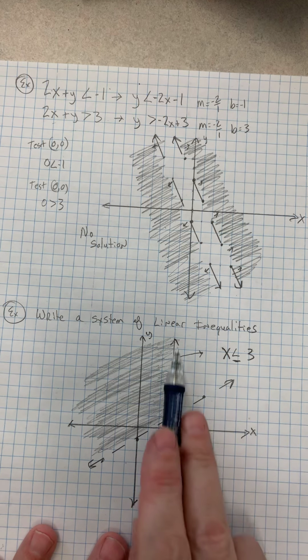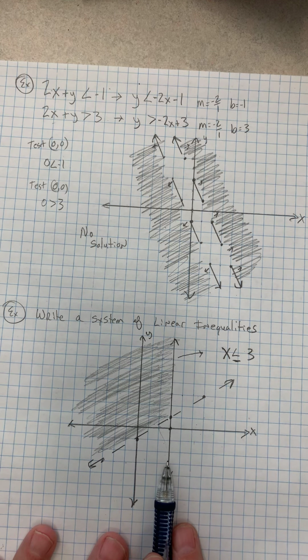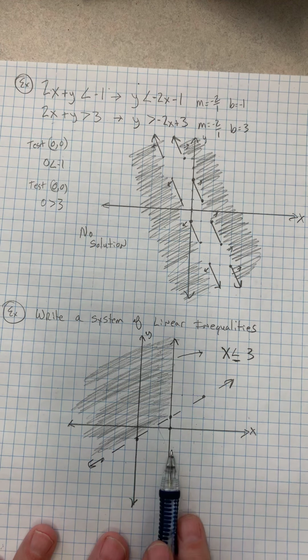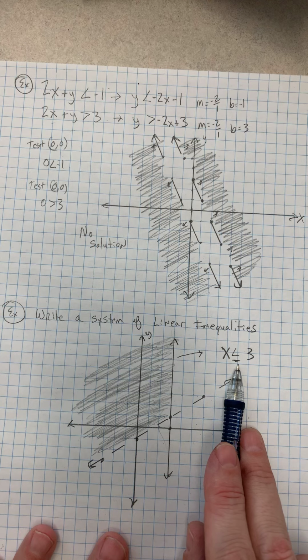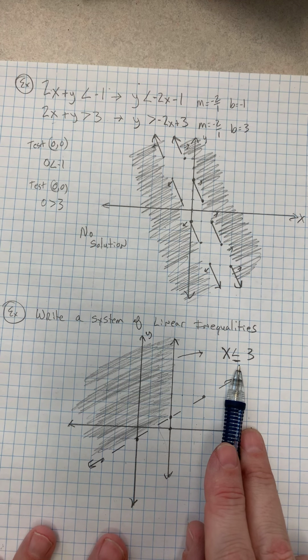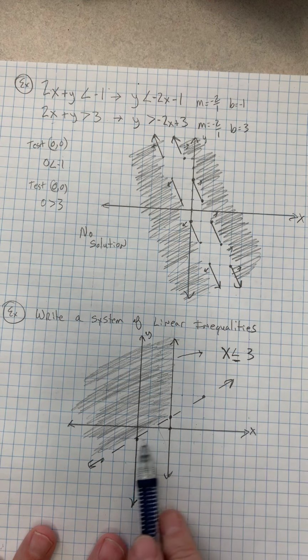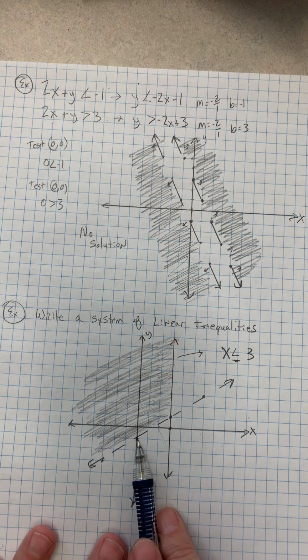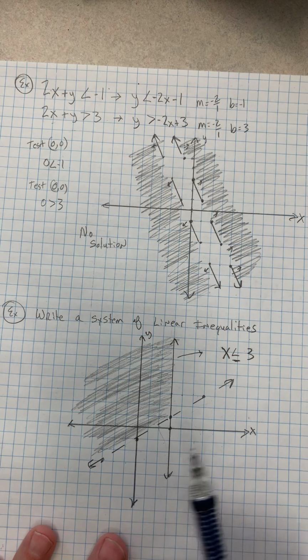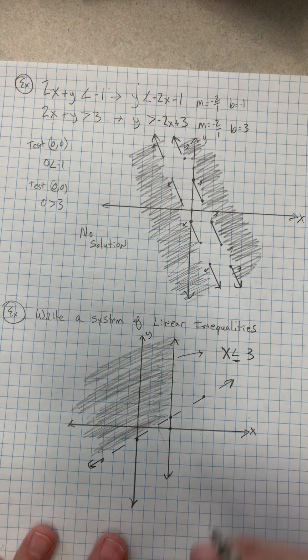Why is it equal to? Because that's a solid line. What's represented right here is x's that are less than or equal to 3. This line, I've got a y-intercept, and I can certainly get a rise over a run for slope.